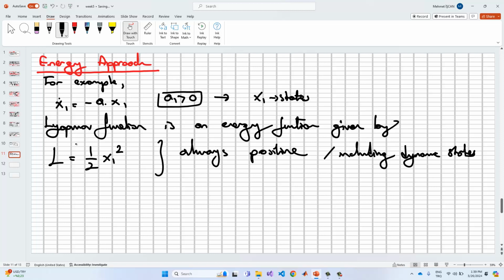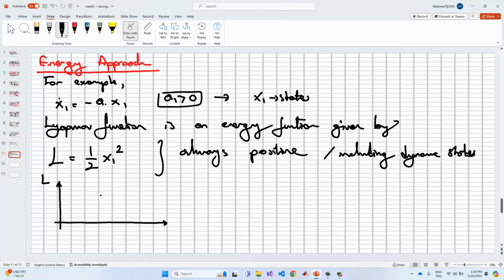What is the smallest value of this term, the smallest value of this L function? 0. Why? Because it's a square form, right? And so it cannot be negative, just like energy in real life, right?